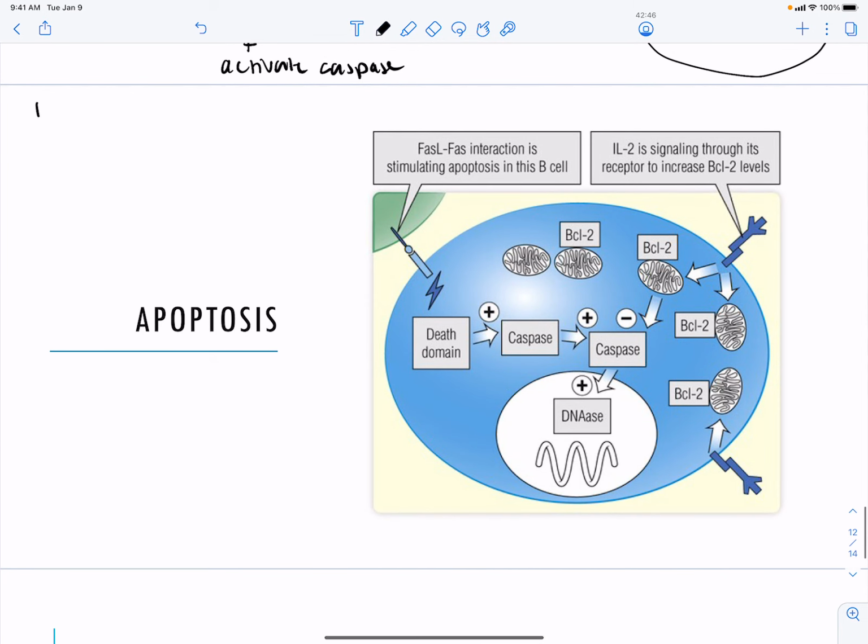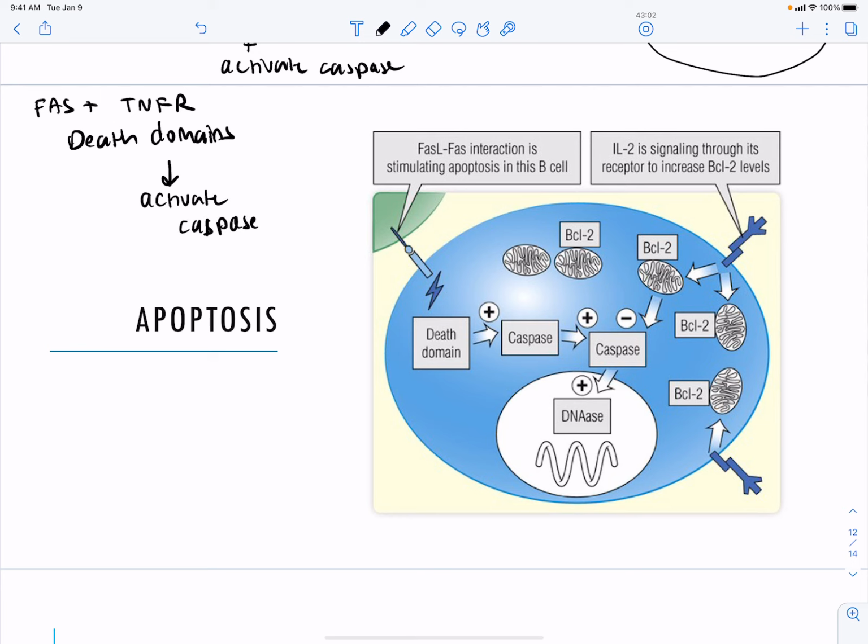So Fas plus your TNF receptor have death domains. And these are going to activate caspases. Now, caspases are just simply enzymes that cleave proteins, and they target aspartic residues.